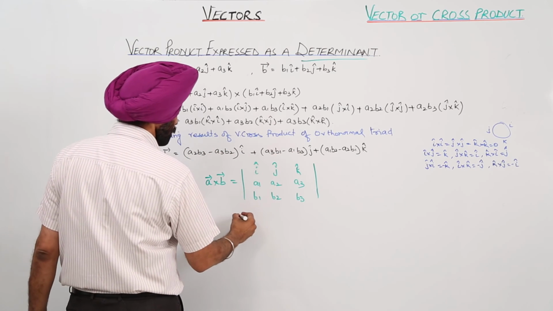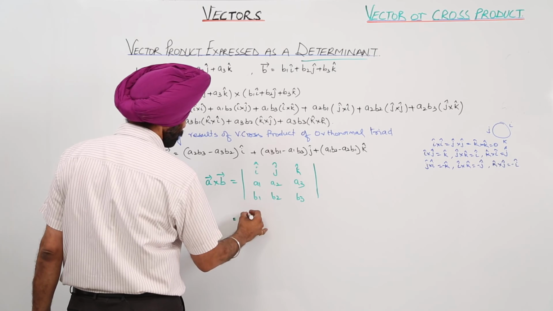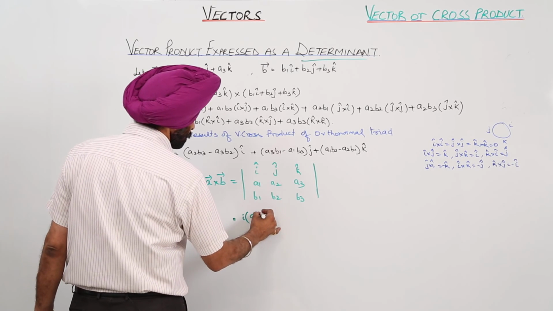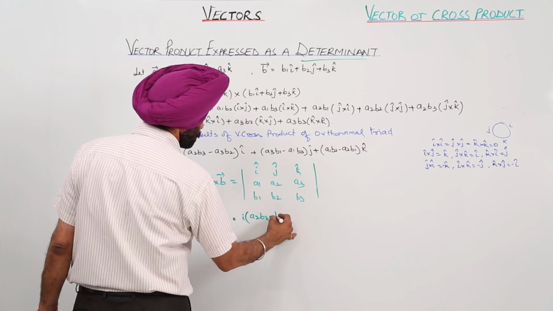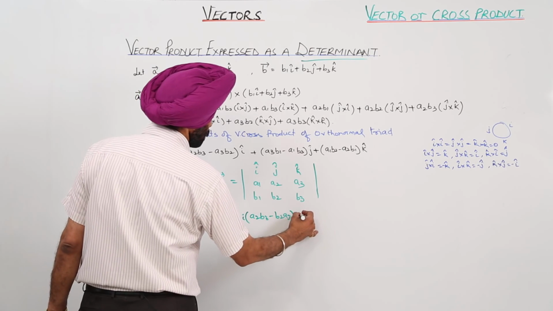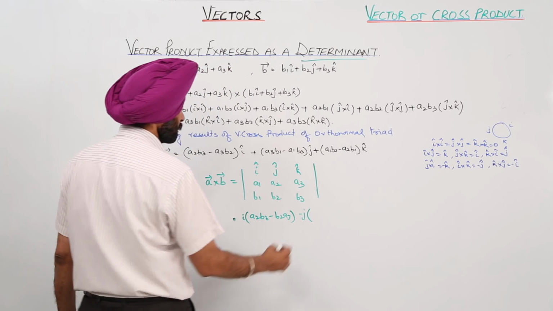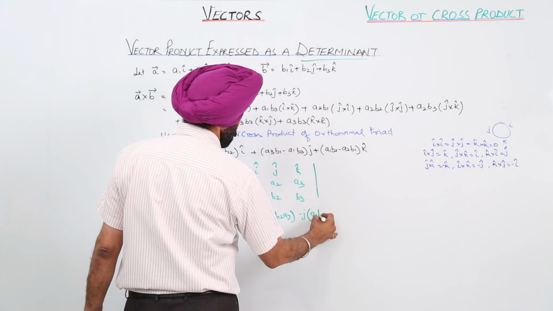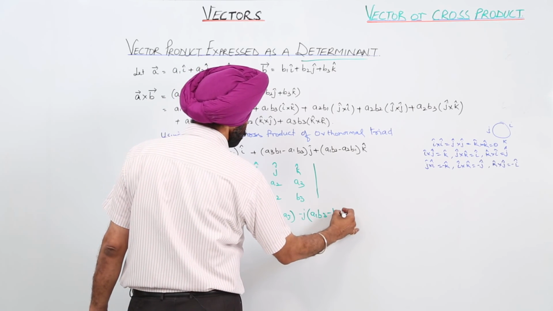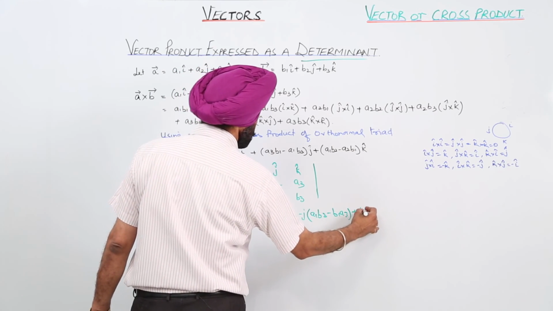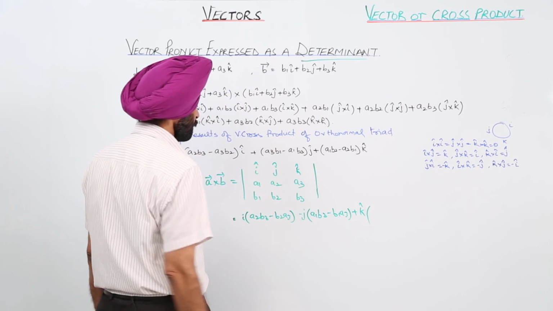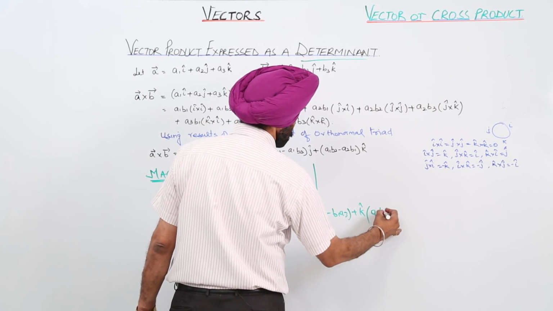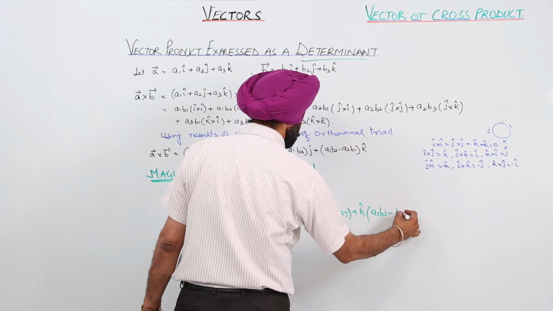The result will be i cap with (a2 b3 minus b2 a3), negative of j cap (a1 b3 minus b1 a3), plus positive k cap (a1 b2 minus b1 a2).